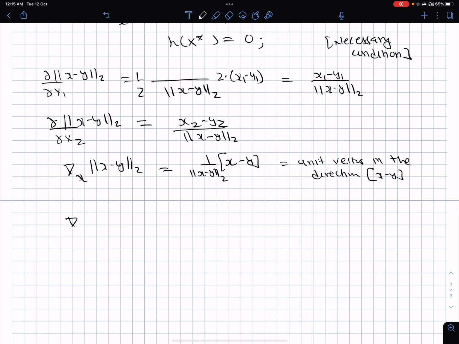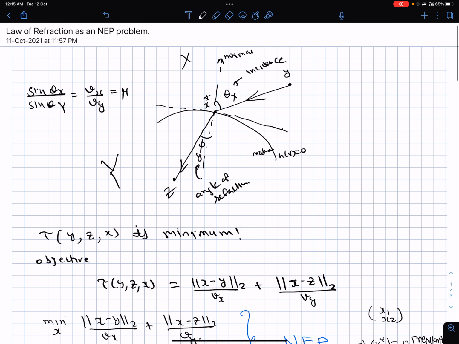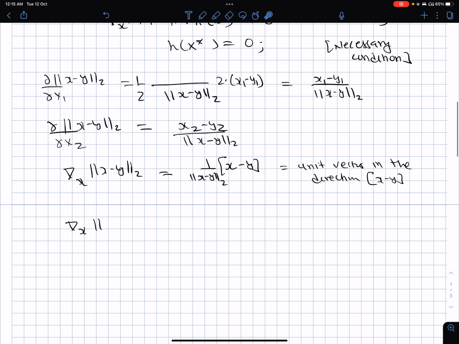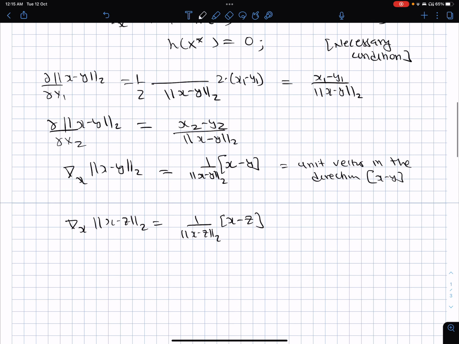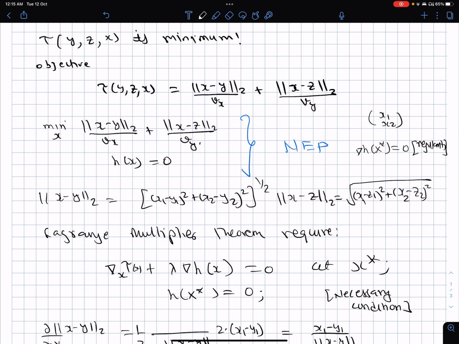Similarly, you can now write the gradient of the second one, which is x minus z. So the gradient of this with respect to x is going to be equal to the vector x minus z divided by the length of x minus z. Is it not? So now you know the gradient. If you want to calculate the gradient of this function, take the gradient of this divided by vx, take the gradient of this divided by vy.